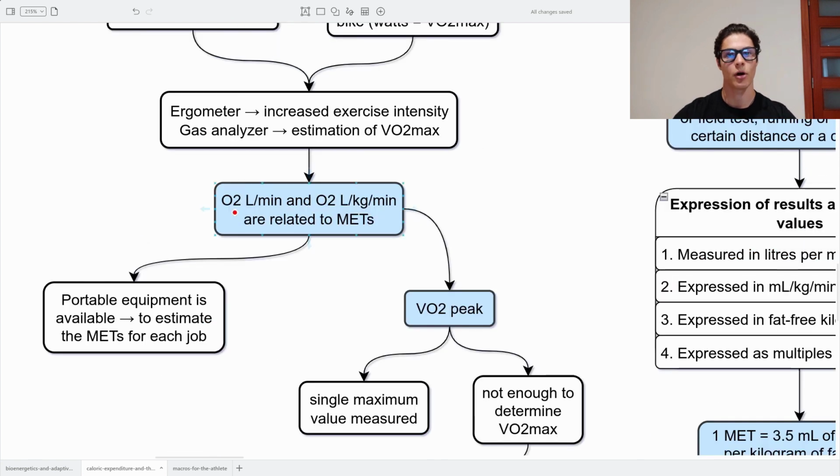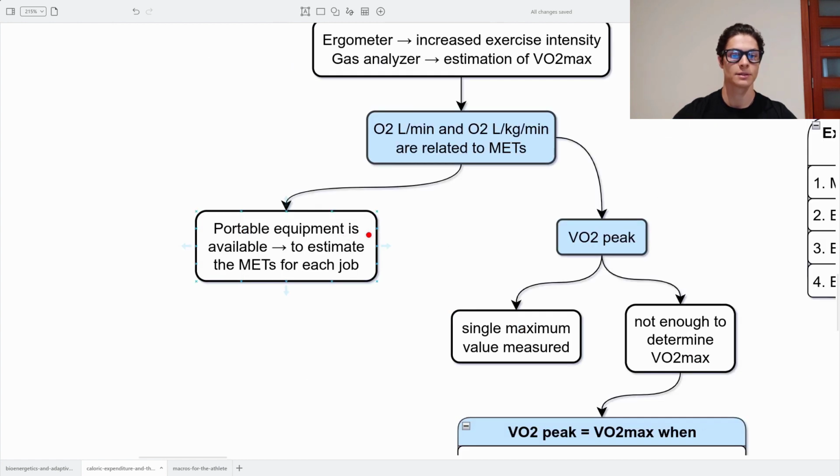Liters of oxygen per minute are also expressed as milliliters of oxygen per kilogram of body weight per minute. They are related to the METs. Do you remember them? The metabolic equivalent of task. There is portable equipment available to estimate the METs of each job, each task, so we can estimate the caloric consumption of every job we can do.